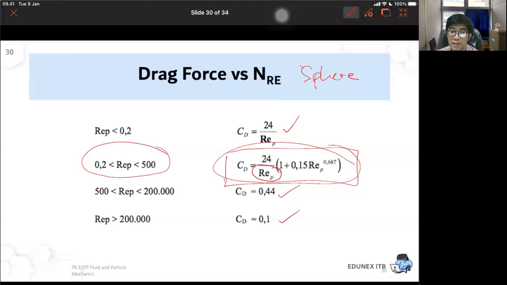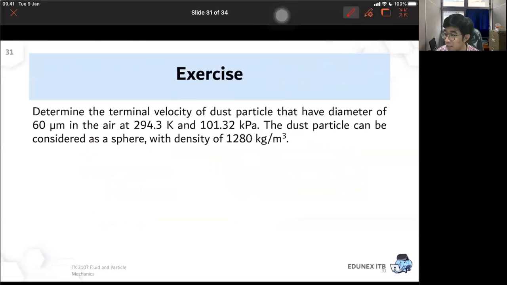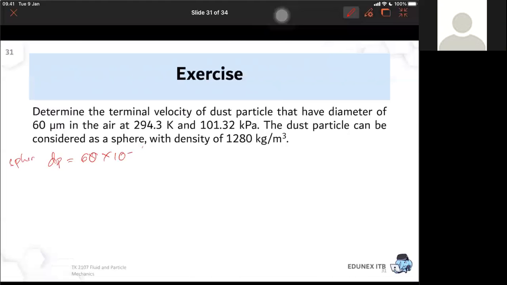Okay? Any question? All good, sir. Okay, this is the example. Determine the terminal velocity of the dust particle with a diameter of 60 micrometer. So this is a sphere. Micrometer is how much? 10 to the power of -6 meters.